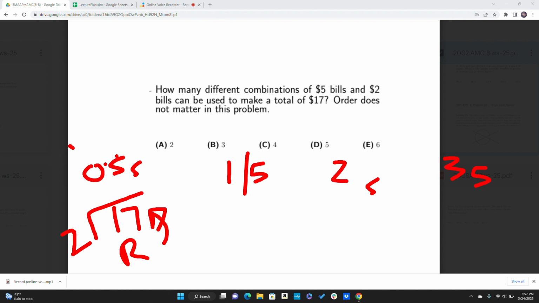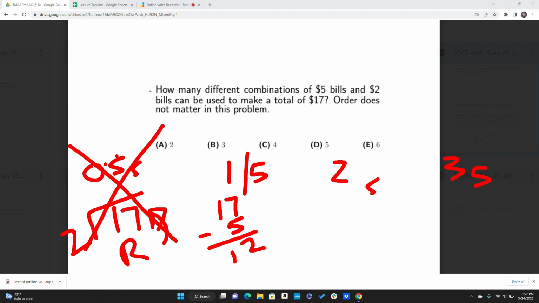So that won't work, right? So when there aren't any $5 bills, we can't make $17. Okay, what if there's one $5 bill? So you've got $17 minus the $5 bill. That's going to leave us with $12. Can you make $12 using just $2 bills? You can, right? 12 is divisible by 2, so this case works.